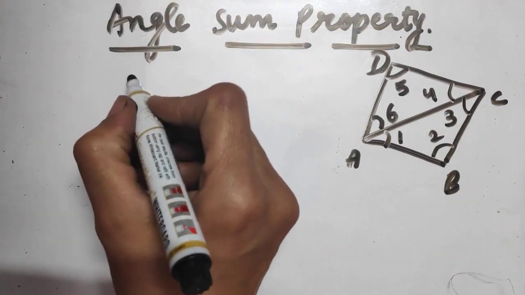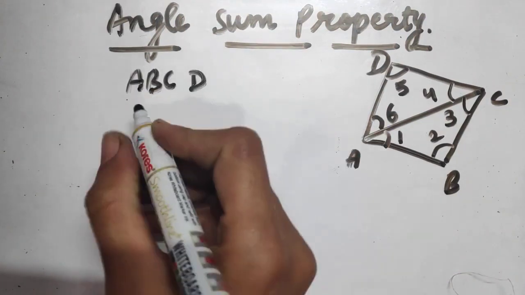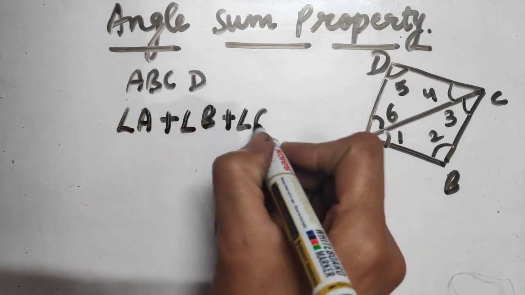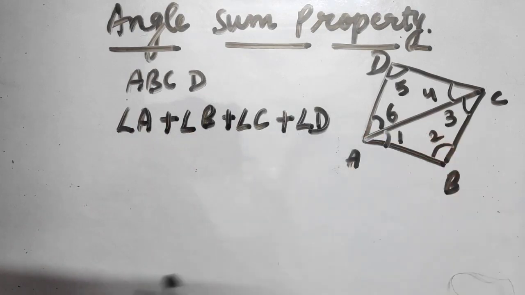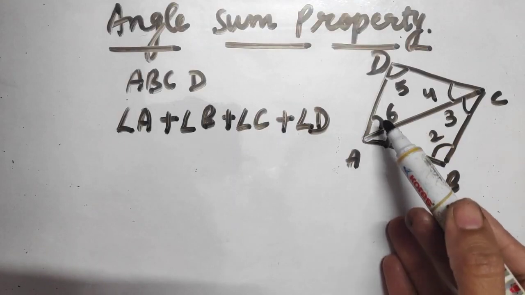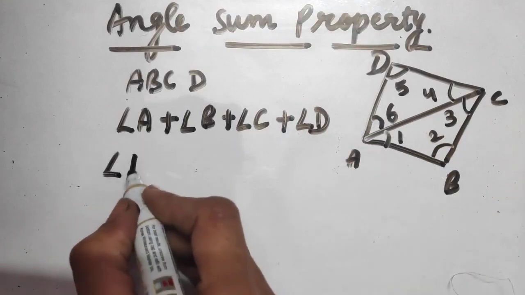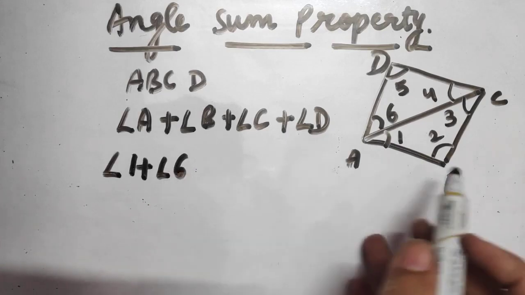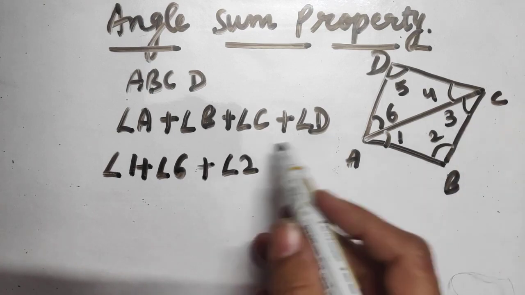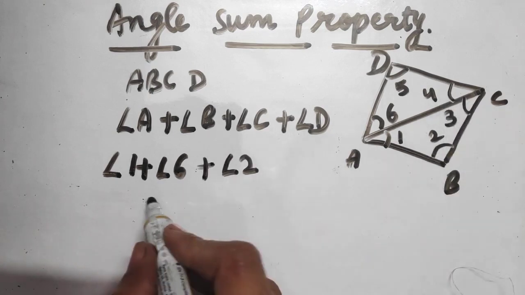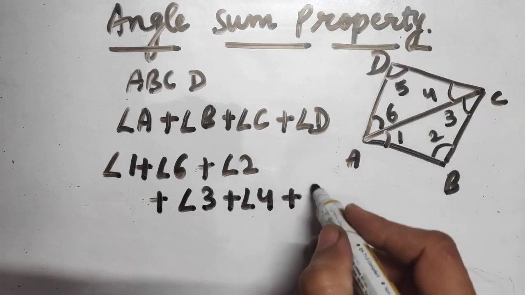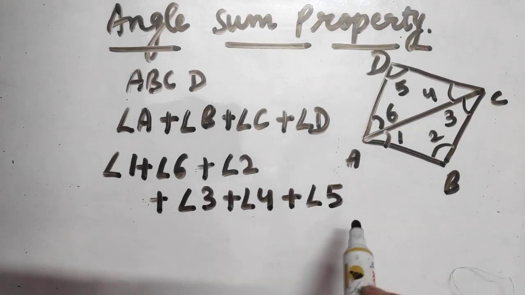I am adding all the angles. Angle A is equal to angle 1 plus angle 6. Angle B is equal to angle 2. You can see clearly in the figure. Angle C is equal to angle 3 plus angle 4, and angle D is equal to angle 5. So these are all the angles.